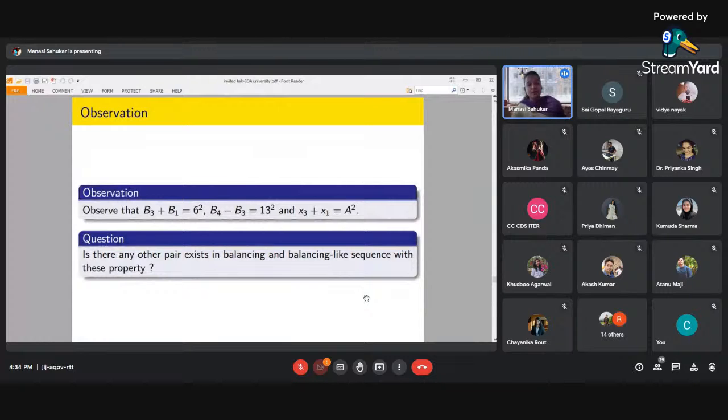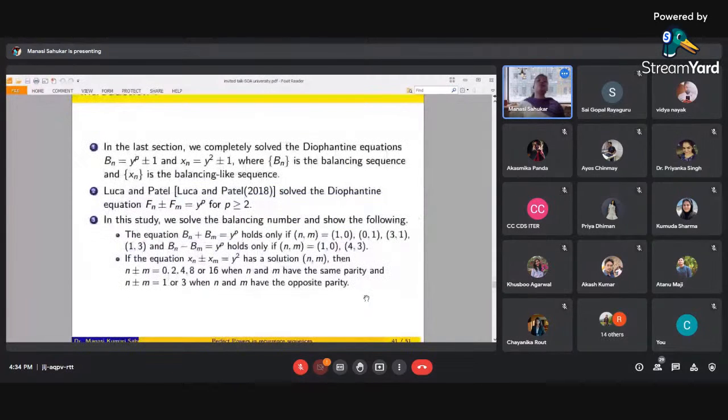So is there any other pair of balancing numbers or balancing-like numbers with the same property? I have tried to prove that by forming a Diophantine equation and trying to solve it. This type of problem was also done by Patel, taking Fibonacci numbers.